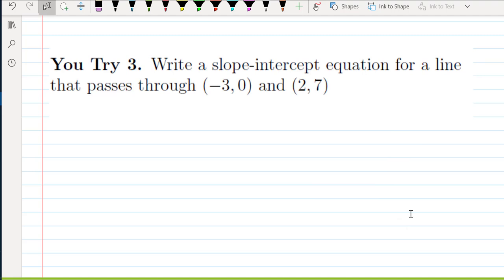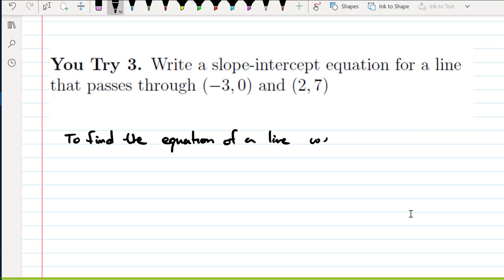So this is a little different than the ones we've done in the past because we weren't given the slope or the y-intercept. So in general, to find the equation of a line, we need the following 2 pieces of information. 1, we need the y-intercept or a point.